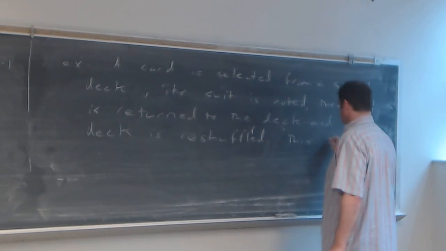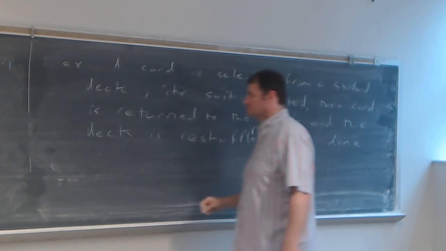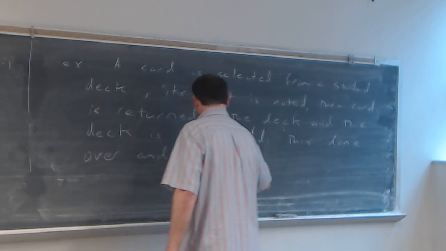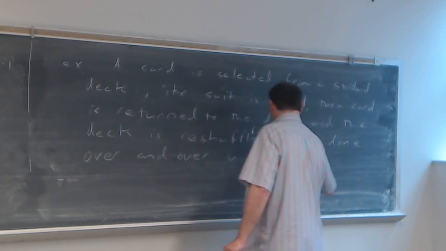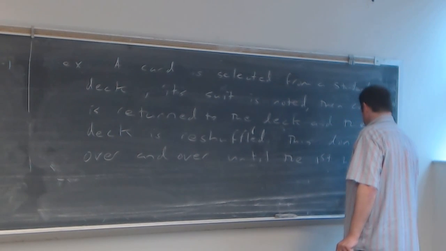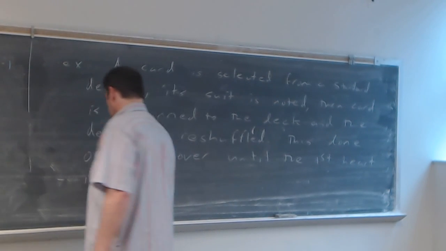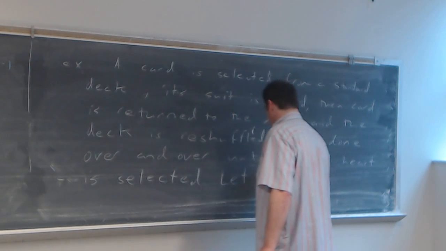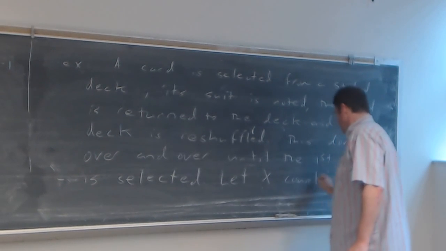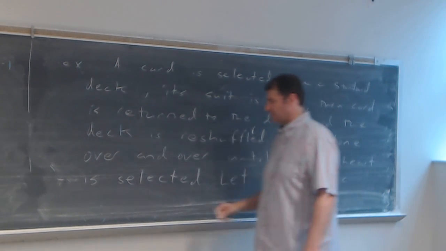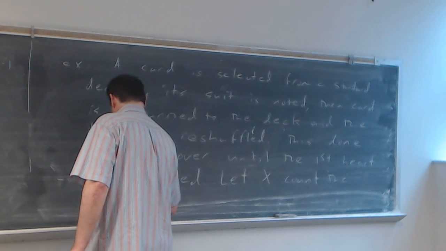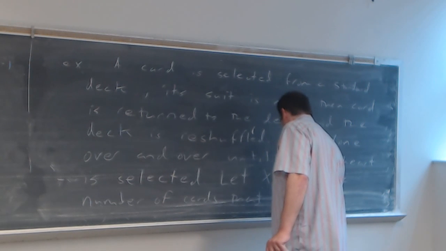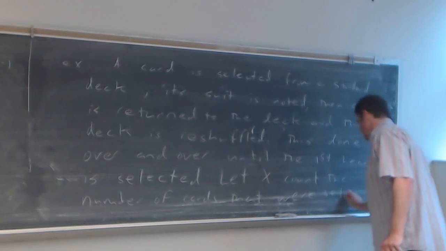This is done over and over until the first heart is selected. Let x count the number of cards that were selected. That's the number of times this process was done.